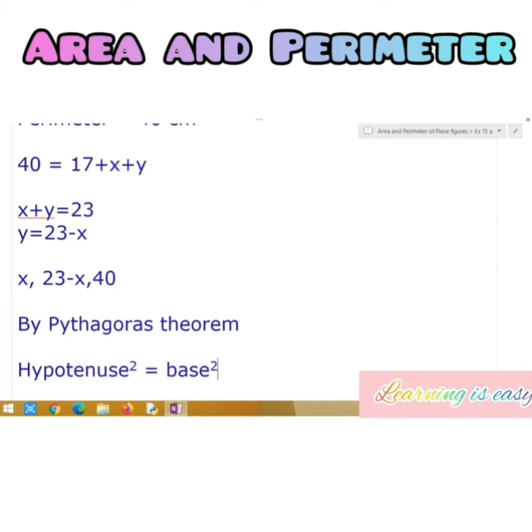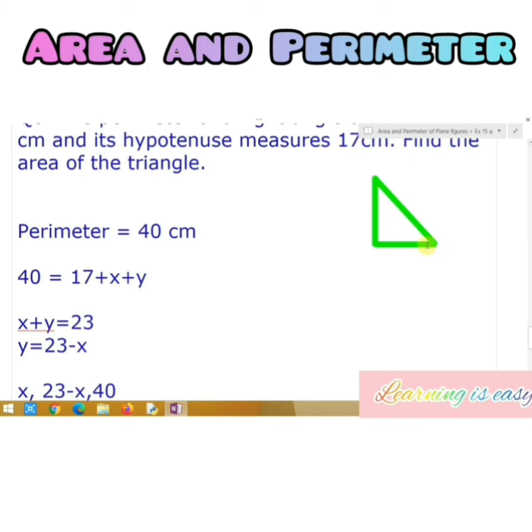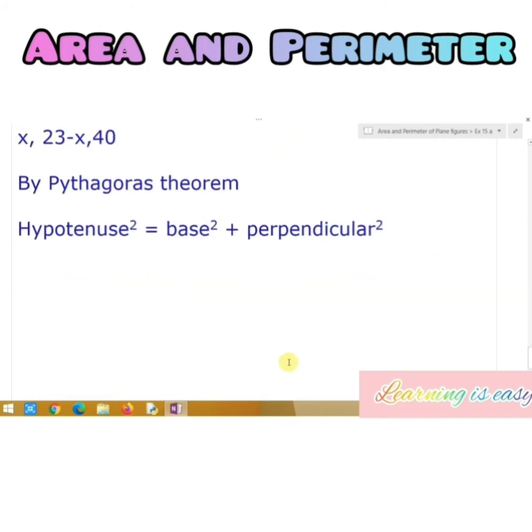so that's base square plus perpendicular square. So hypotenuse, we already know, that is 17 square. That's the LHS. And base is x square. And perpendicular is 23 minus x whole square.